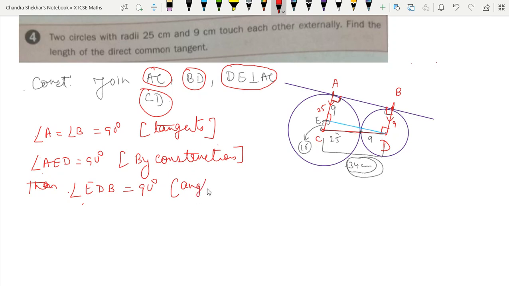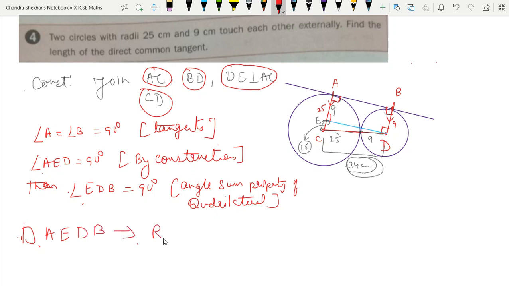Angle sum property of quadrilateral. Understood? Angle sum property of quadrilateral, it will become 90 degrees. So if each angle of a quadrilateral is 90 degrees, then we can say quadrilateral AEDB is a rectangle.